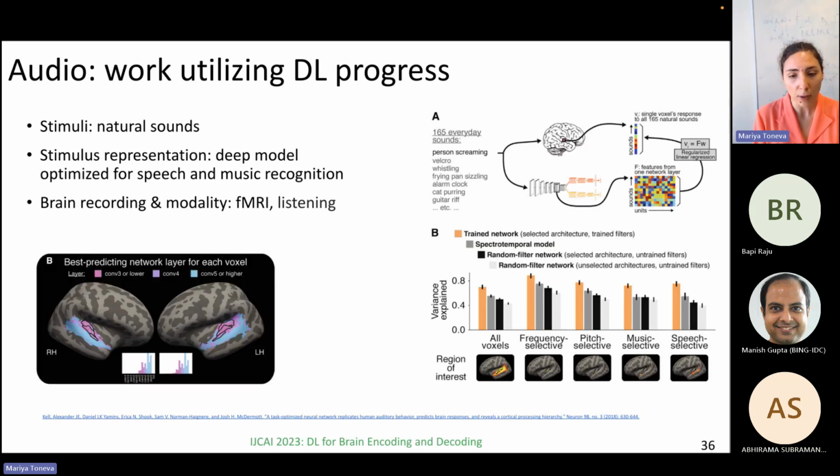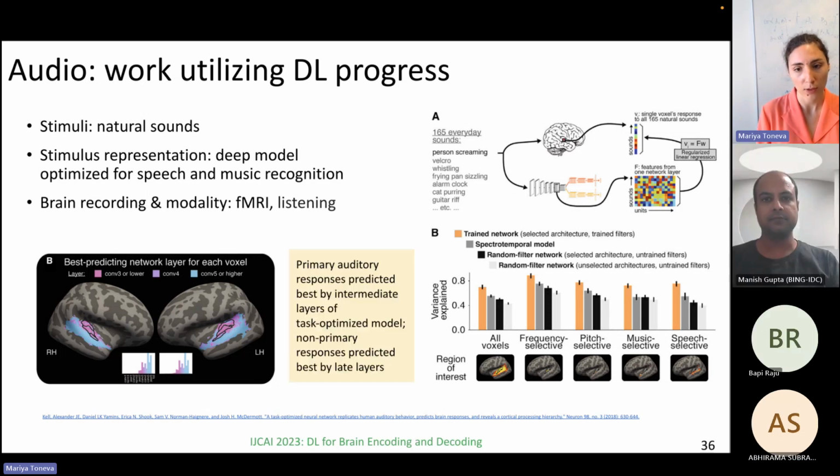And here what they found is, again, they looked at different layers of this network that's optimized for speech and music, and at how the brain response is predicted by different layers in the model. What they showed was that some primary auditory responses are predicted best by the intermediate layers of task-optimized models, and the non-primary responses are predicted best by late layers.